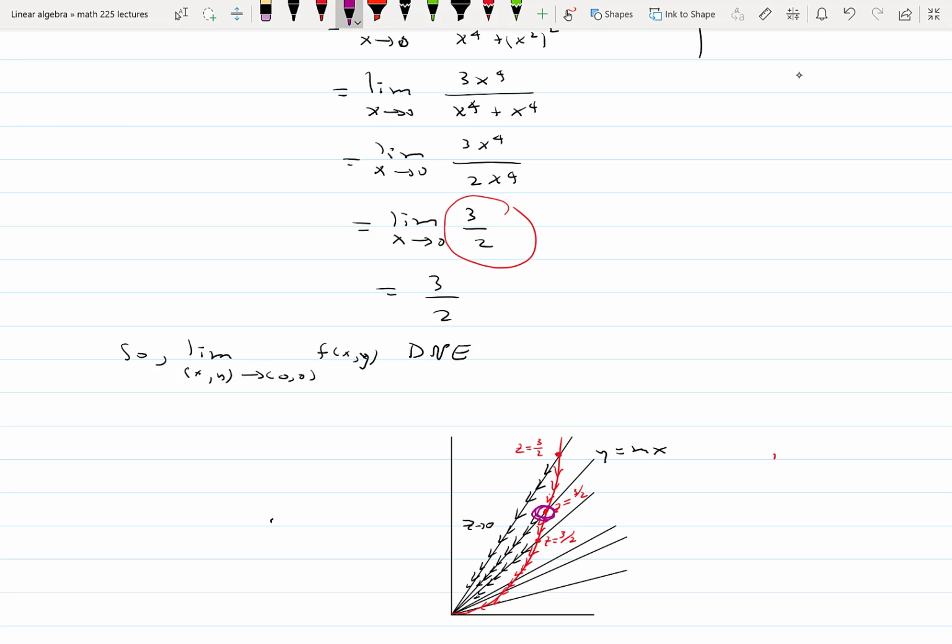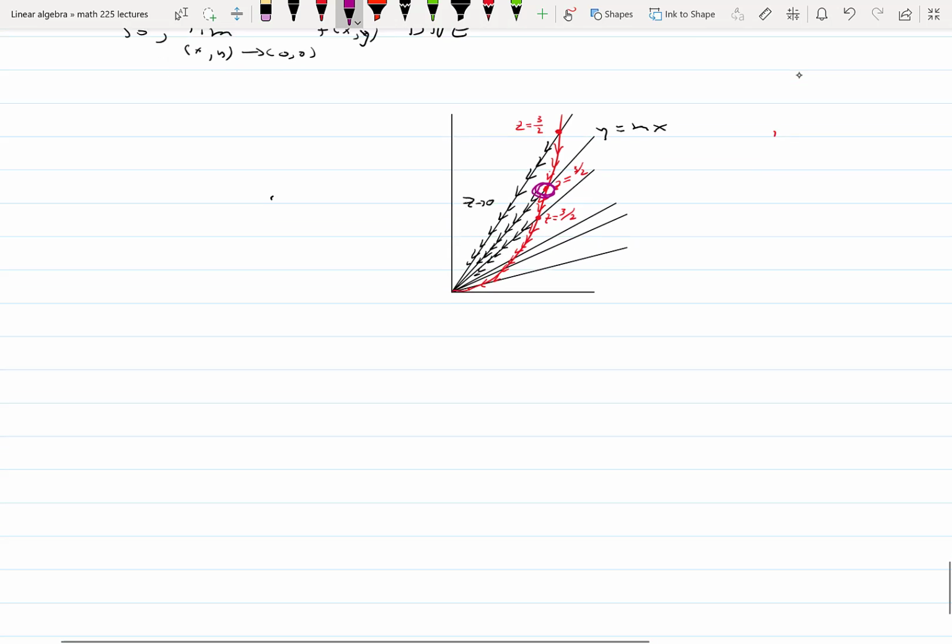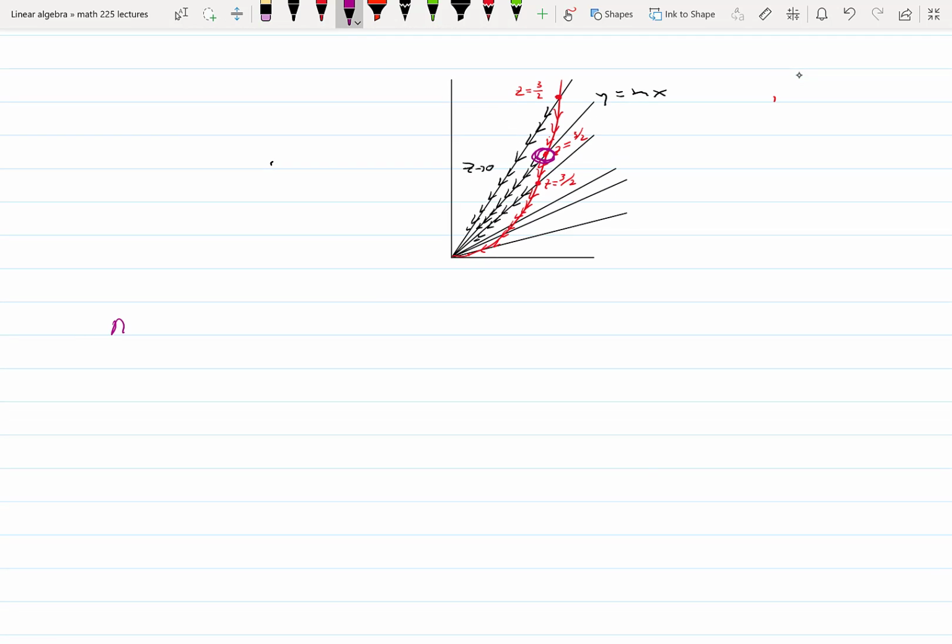So typically what I did is what you might want to consider doing. First try along the x-axis. I'll keep it in purple. So let's say (x, y) approaches the origin. So different paths.